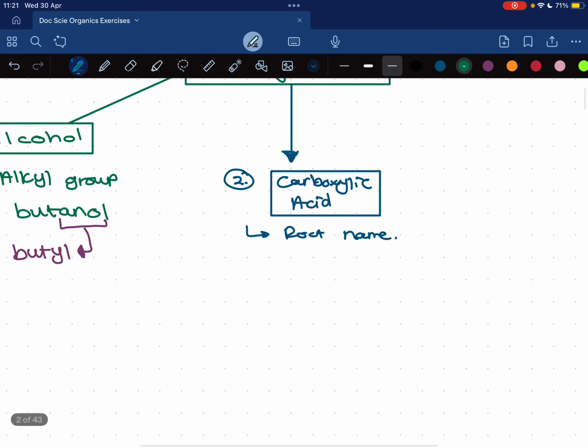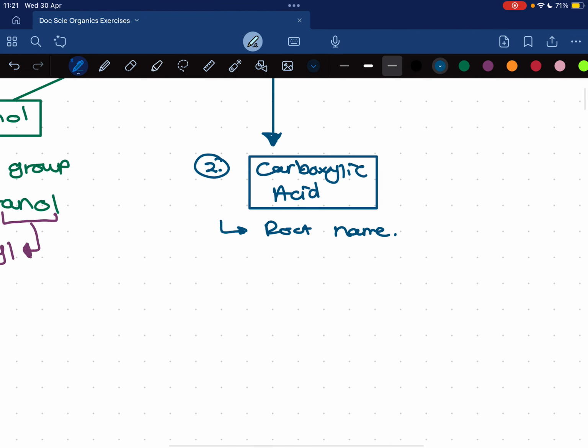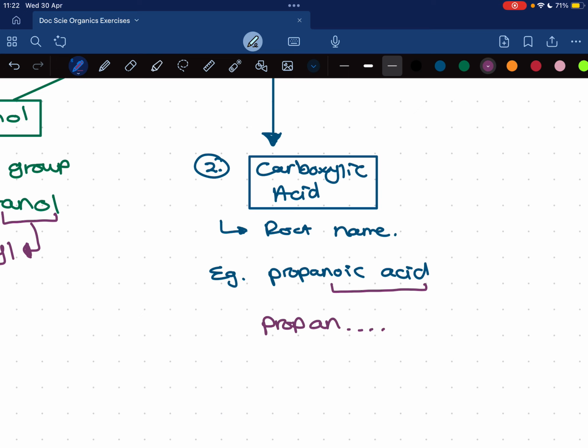The carboxylic acid forms the root name of the ester. So for example, if we had something like propanoic acid, we would get rid of the oic acid part and we would have the word propan and then end it off.